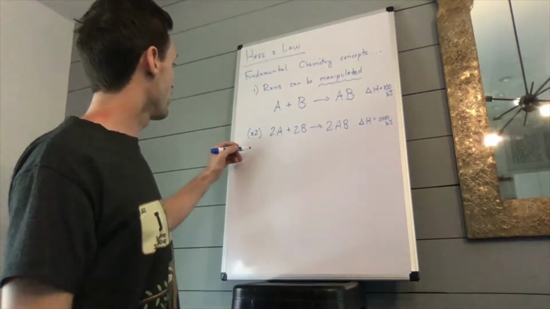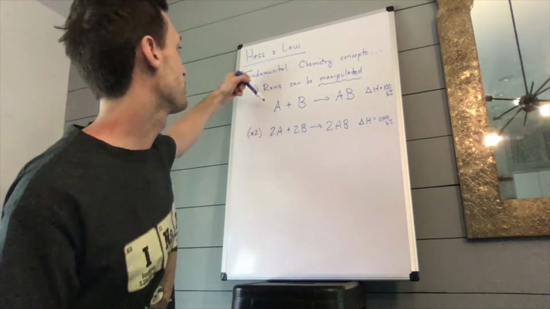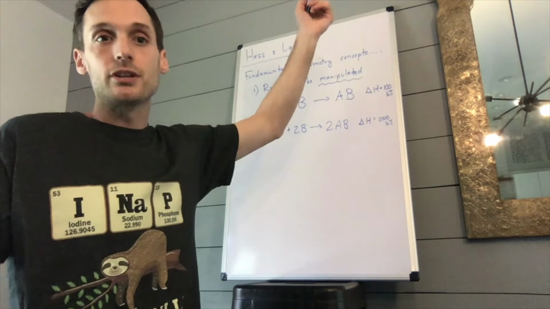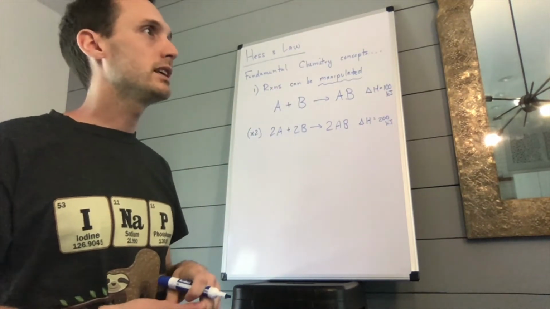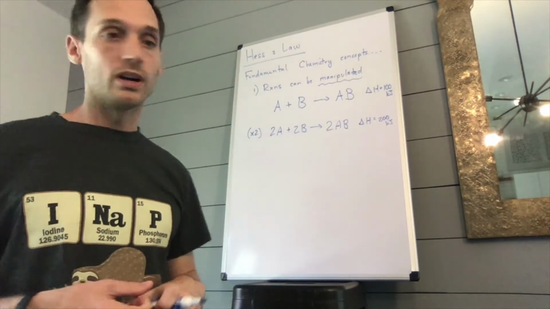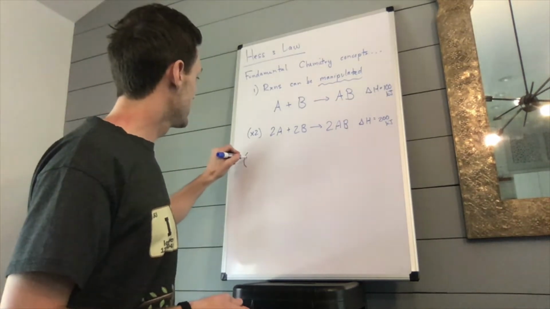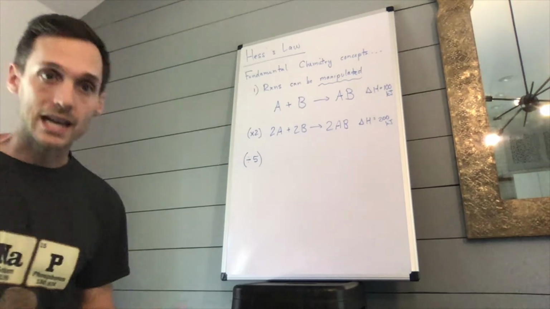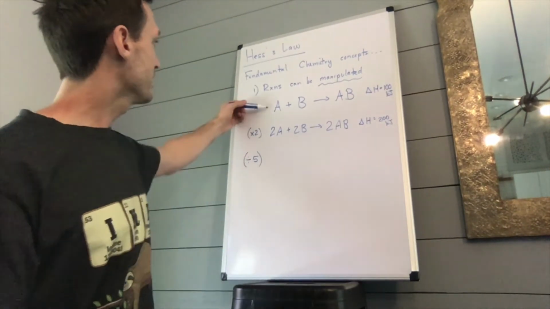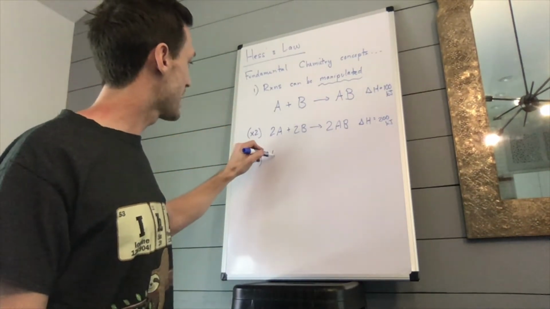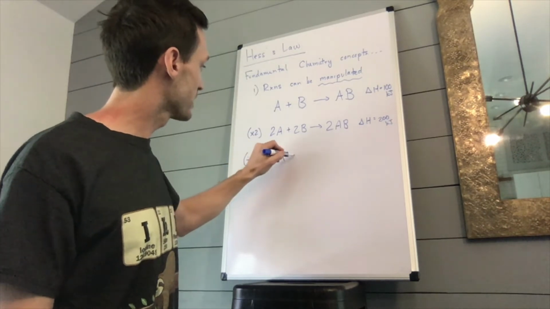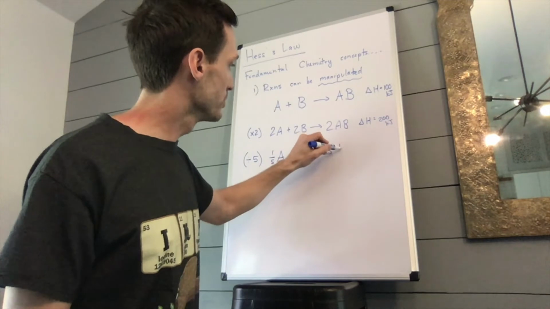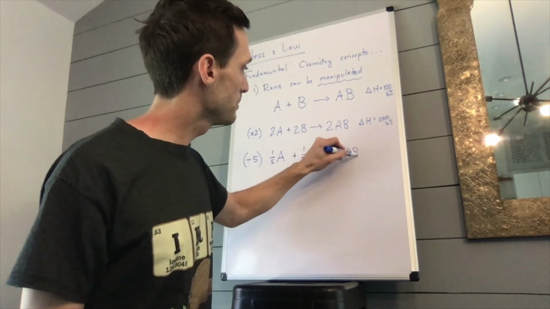You can also, if we don't want to produce an entire mole of AB and only need a fraction of that, say a fifth of a mole, divide any reaction by any number. If we divide this reaction by 5, you would now have 1/5 A plus 1/5 B to produce 1/5 AB.